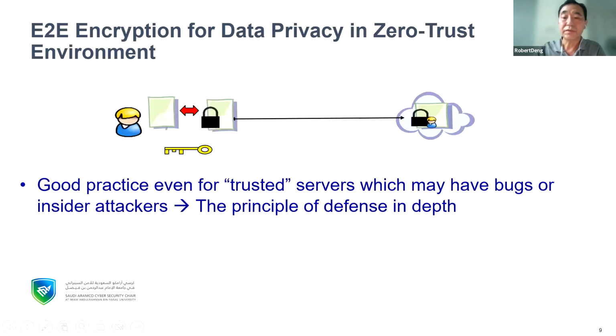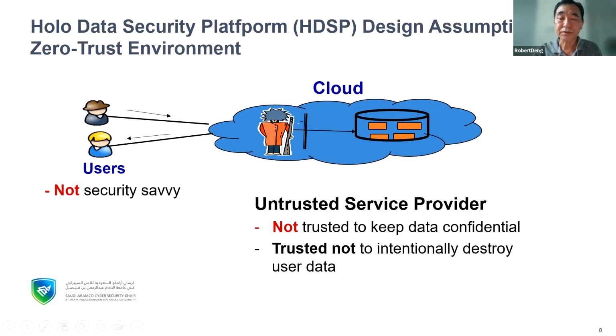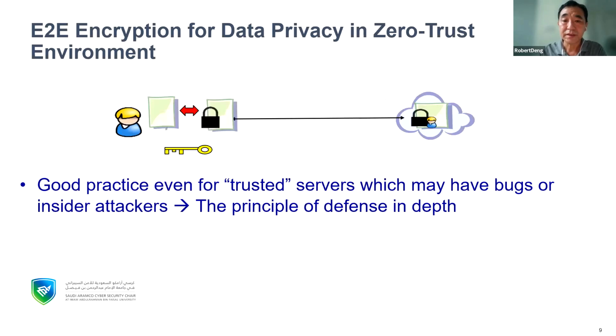Well, under the zero trust assumption, we do not trust the server to keep our data confidential, right? Under that assumption, the most effective solution, in fact, is E2E encryption, end-to-end encryption, right?